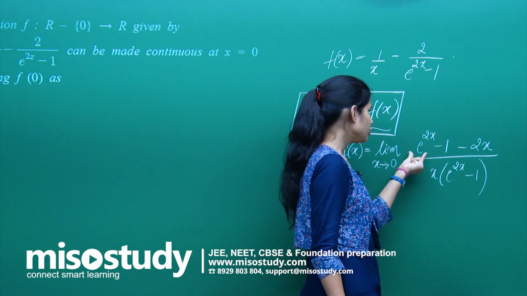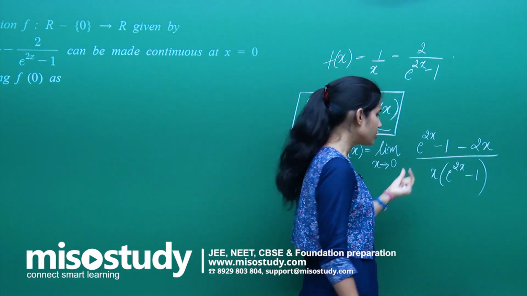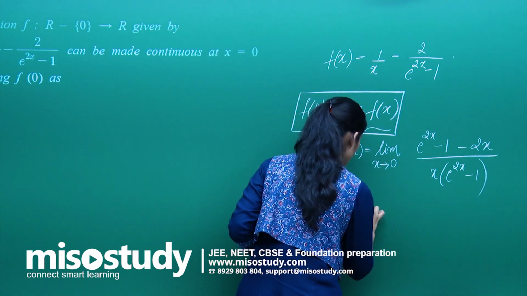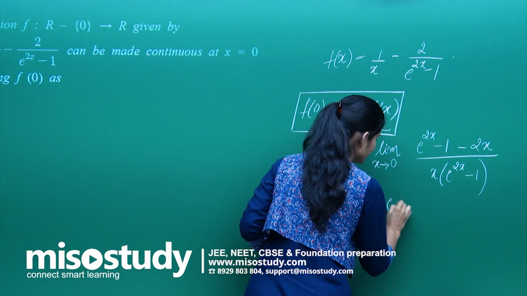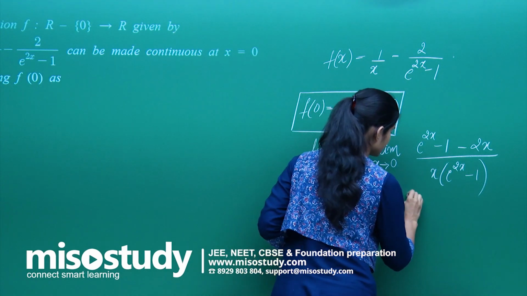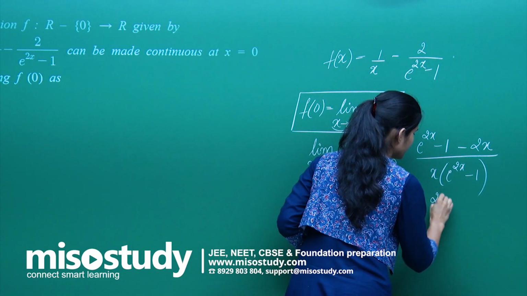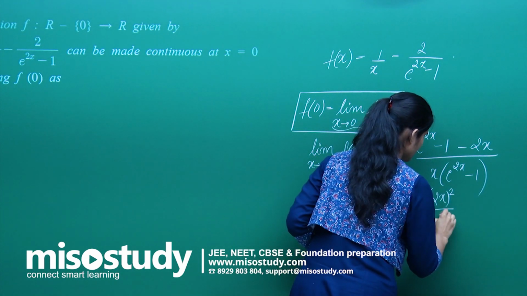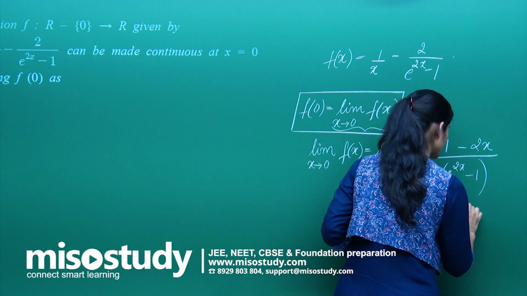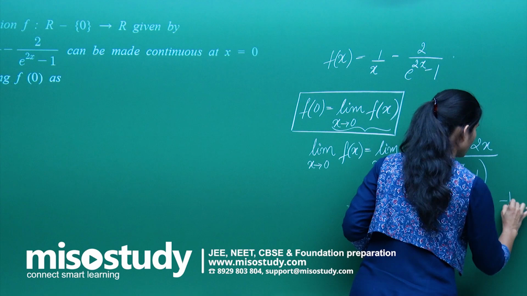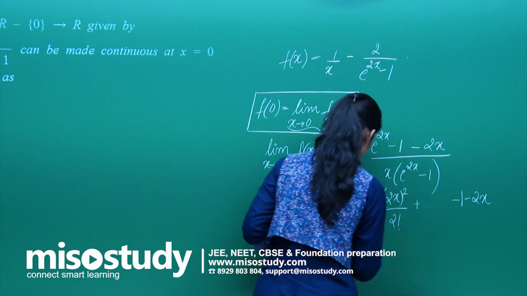Now you can just use the expansion of this exponential function. What is it? It is 1 plus 2x plus 2x square by 2 factorial plus 2x cube by 3 factorial and so on, minus 1 minus 2x as it is.